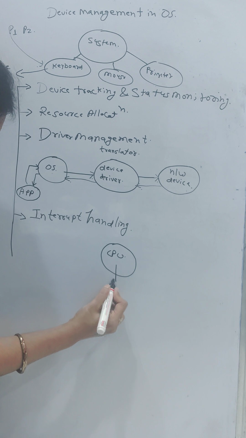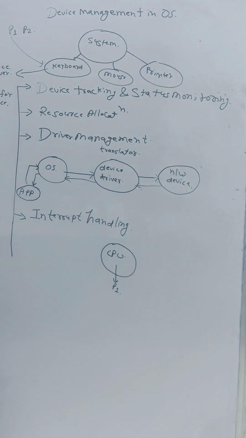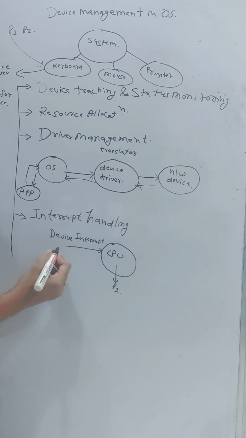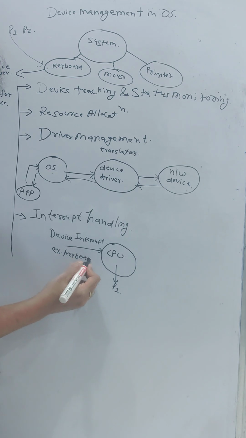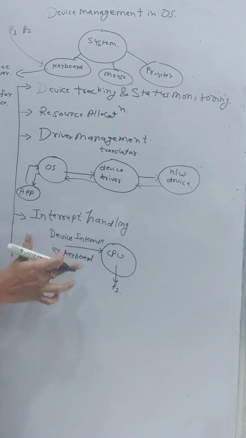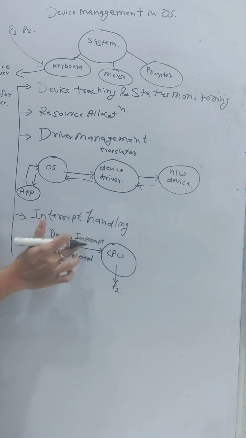The CPU is executing process P1, and in between the CPU receives a device interrupt. For example, a keyboard: the CPU is executing process P1 and the user presses a keystroke on the keyboard. So the CPU will receive a hardware or device interrupt signal.